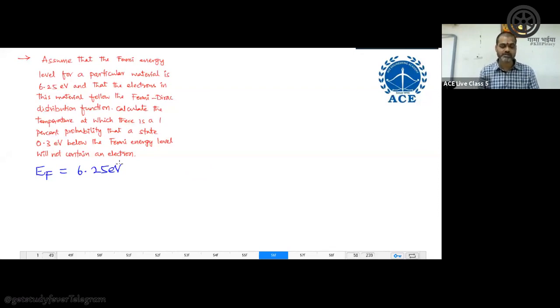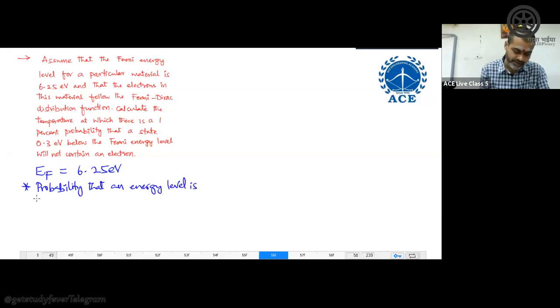What is the probability that a particular state is occupied? Let me write that. The probability that an energy level is occupied, or filled, is F of E comma T equal to 1 over 1 plus e power (E minus EF) divided by kT.